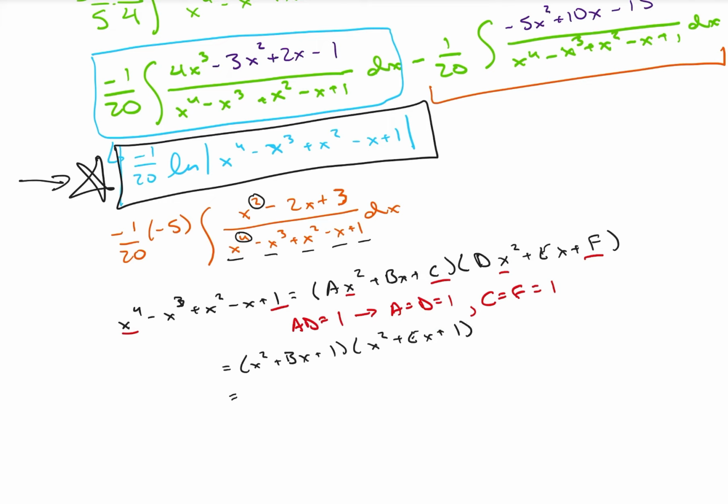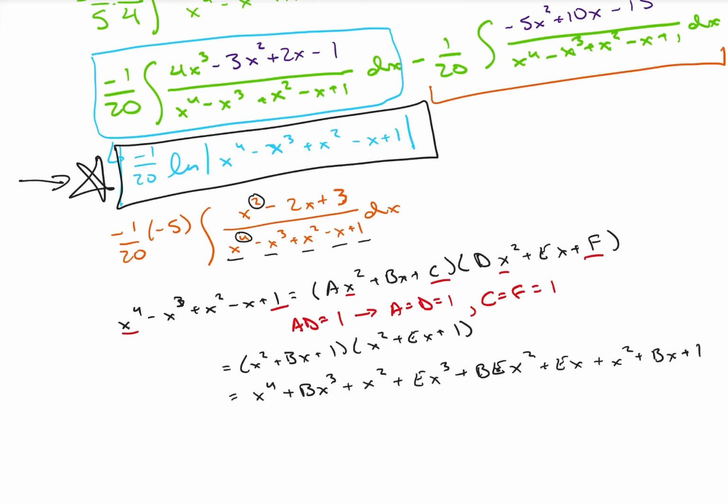Let's work through that. So that's going to be x to the fourth plus bx cubed plus x squared plus ex cubed plus bex squared plus ex plus x squared plus bx plus 1.